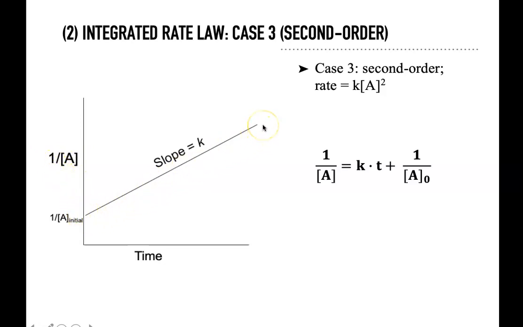The slope of this line is k. So when you draw the graph of 1 over A over time, the slope is the reaction constant k.